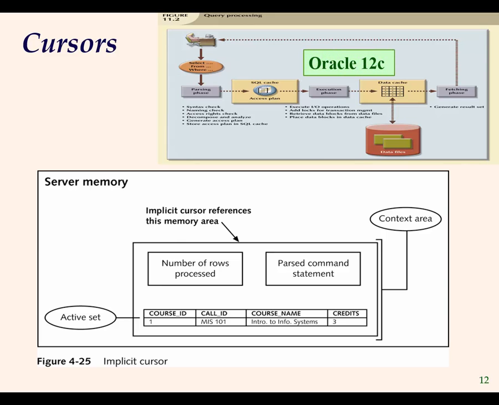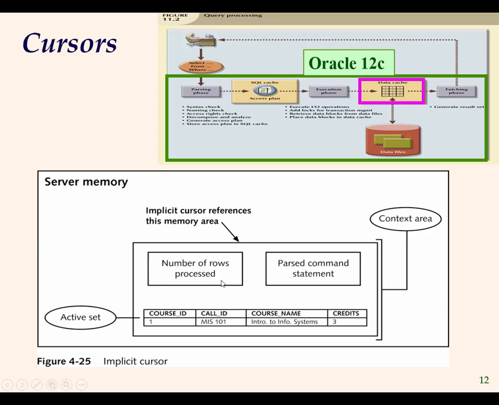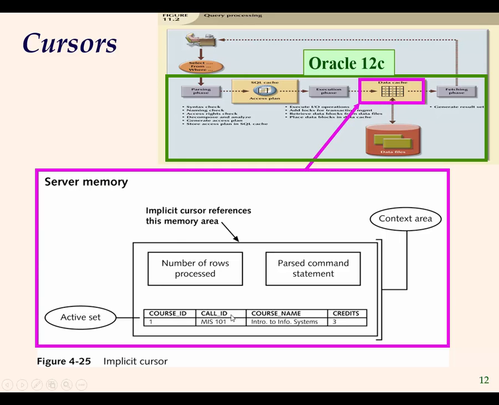So, cursors. When you actually execute SQL commands, there is part of memory that is accessible to you. If this is the DBMS server memory, right here, you have access to the cache. Let's say you returned a relation, and the tuples in that relation are available to you.